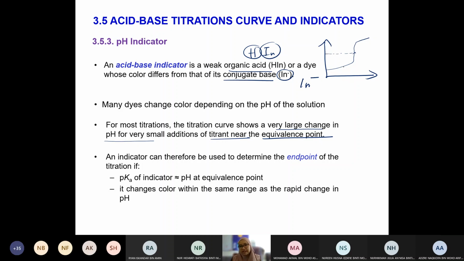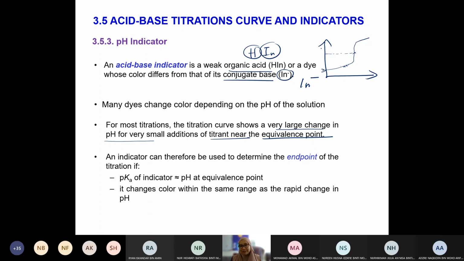Okay, so dekat sini katakanlah kan, you baru letak dekat situ, tiba-tiba you letak satu drop, katakanlah this is around 2 or 3 something lah. Okay, maybe 3.6, 3.7, 3.8 and then suddenly you add in just one drop of the titrant. Then the pH goes up drastically.